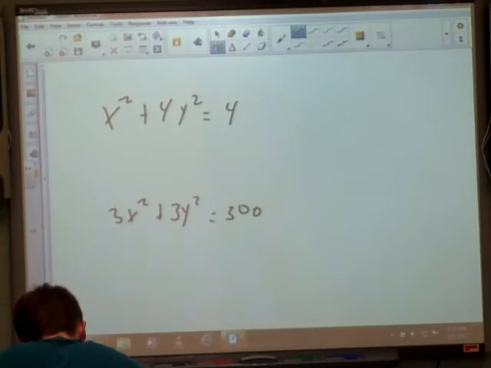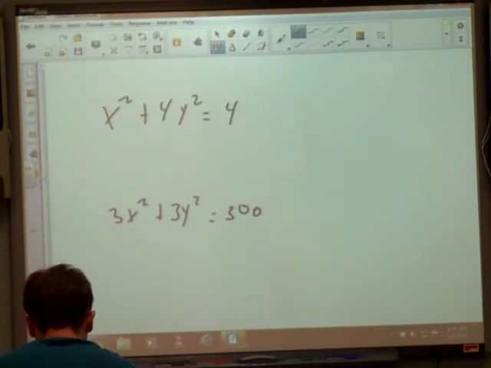Okay, I started this whole thing off by reminding you that on a circle, the center is equidistant. And that's important. If you're equidistant, that means your x's and your y's have to be the same distance from the center, right? So if I'm looking at that first one that I got written up there, I see I've got a 1 coefficient on the x, and I've got a 4 coefficient on the y. So those coefficients are not the same.